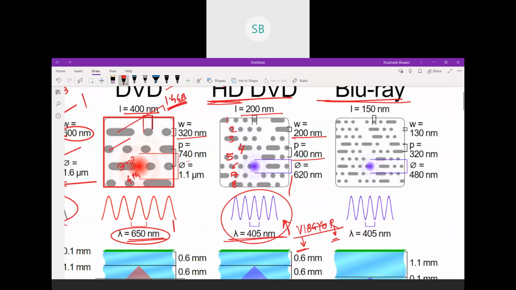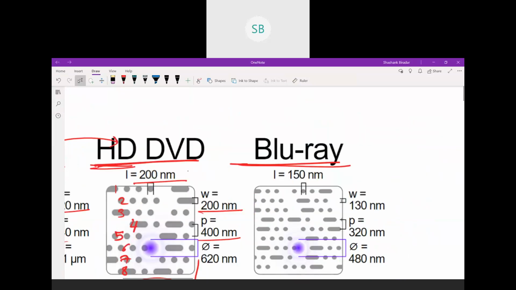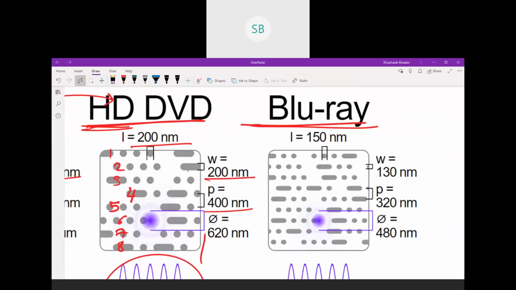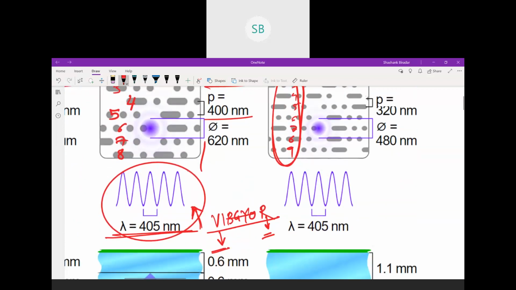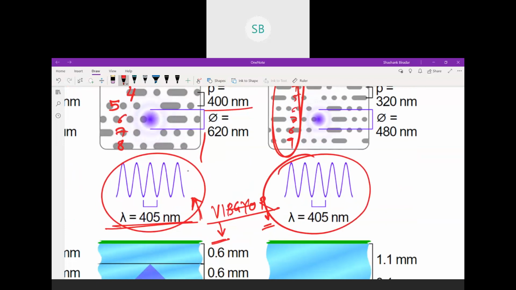And if you compare HD DVD to Blu-ray DVD, here 1 2 3 4 5 6 7 8 9, some tracks are additionally made available over here in Blu-ray DVD. So again it will increase the capacity as far as HD DVDs are concerned. Here again we are using the Blu-ray laser.